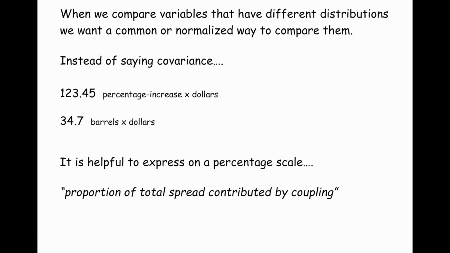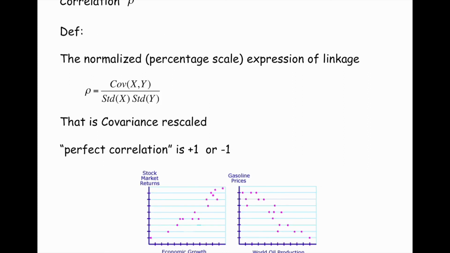And that's where something called correlation comes in. You want to look at the total spread contributed by the coupling between one variable and another, because variables have a dispersion or a spread. What of that spread is due to the coupling with another variable? That's what correlation is.